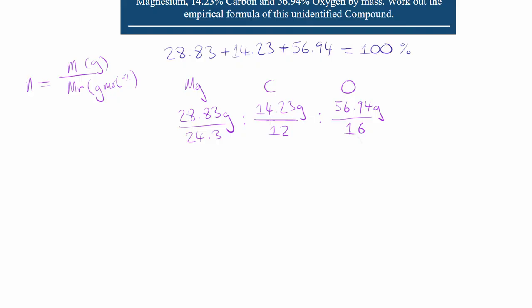For magnesium, we get 1.18642. For carbon, we get 1.18583. And for oxygen, we get 3.55875.